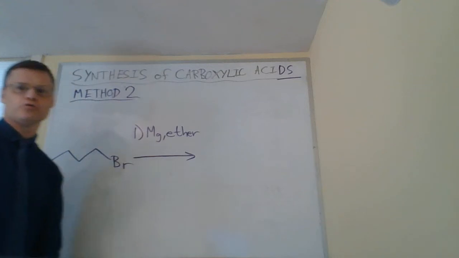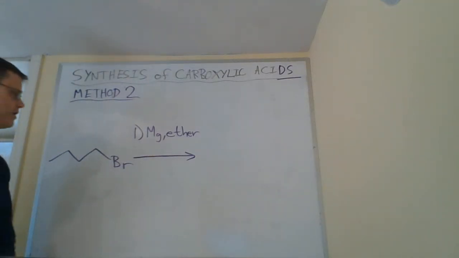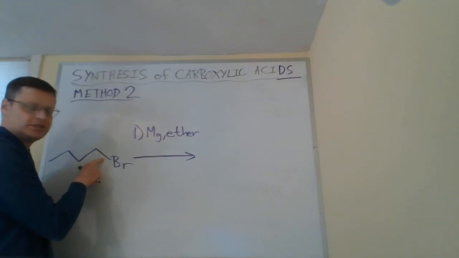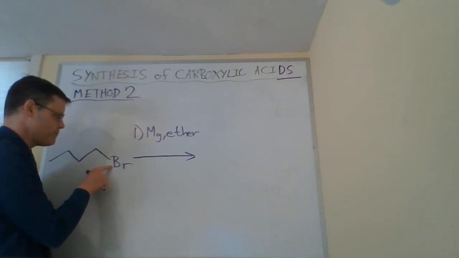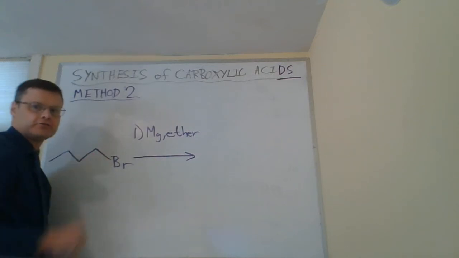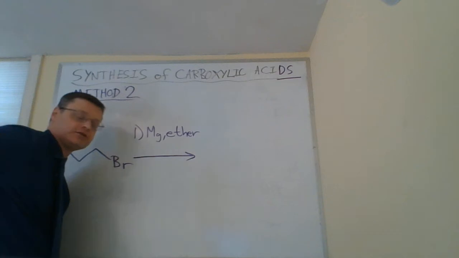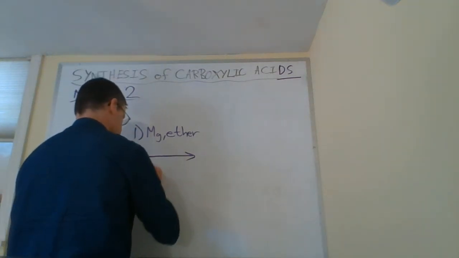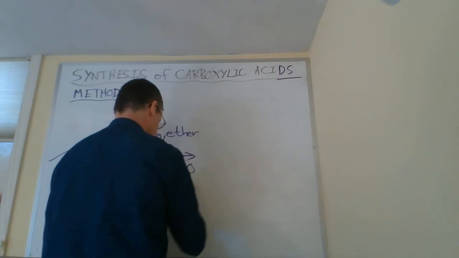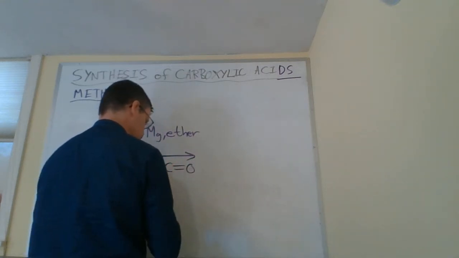So that makes the Grignard reagent, if you recall, we do an oxidative addition into this bond, and we make a magnesium bromide. Secondly, we're going to take that Grignard reagent and do a nucleophilic addition reaction into a carbonyl compound, specifically carbon dioxide.